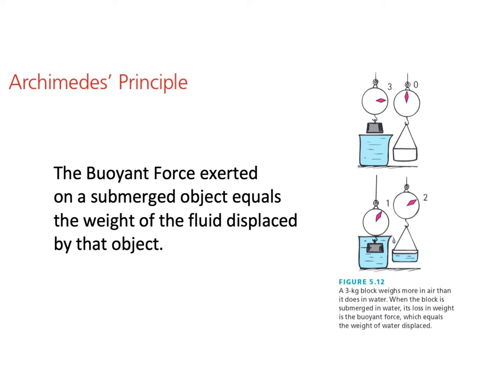So here we can see you've got 3 kilograms worth of mass. You lower it into the water, and it reads 1 kilogram worth of mass because there's 2 kilograms of weight's worth of buoyant force pushing it up, and that's 2 kilograms of the water that was displaced by the object. So it's not the mass that's 2 kilograms, it's the water that's 2 kilograms. That's how much the buoyant force equivalency is.